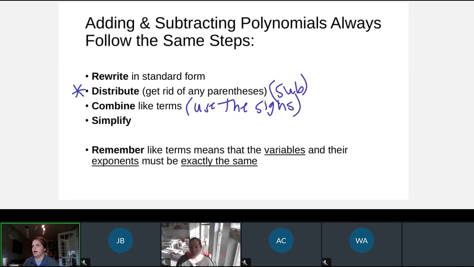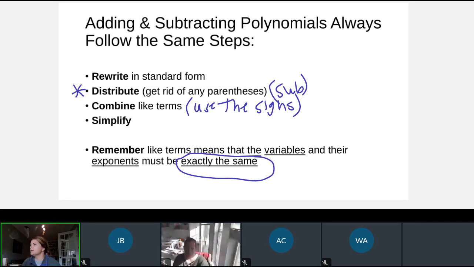That just means you're going to add. So 2x plus 2x would be 4x. Simplify means to just write 4x. All right, and then super important: in order to combine like terms, we have to know what a like term is. A like term means that the variable and their exponents are exactly the same. Exactly the same.